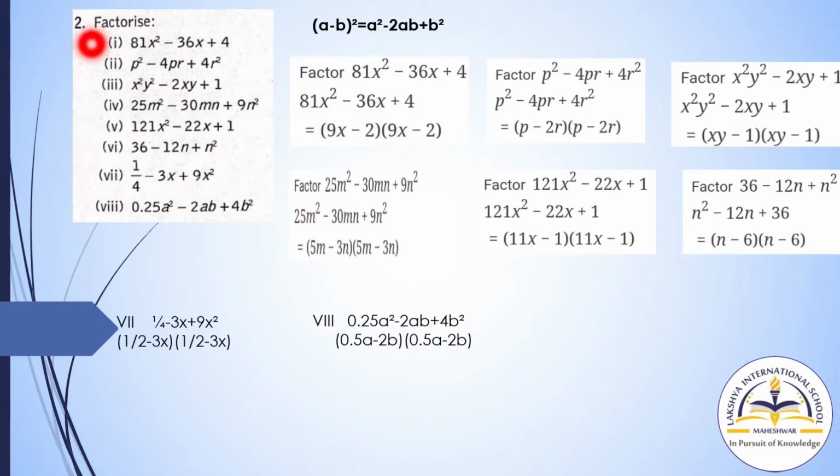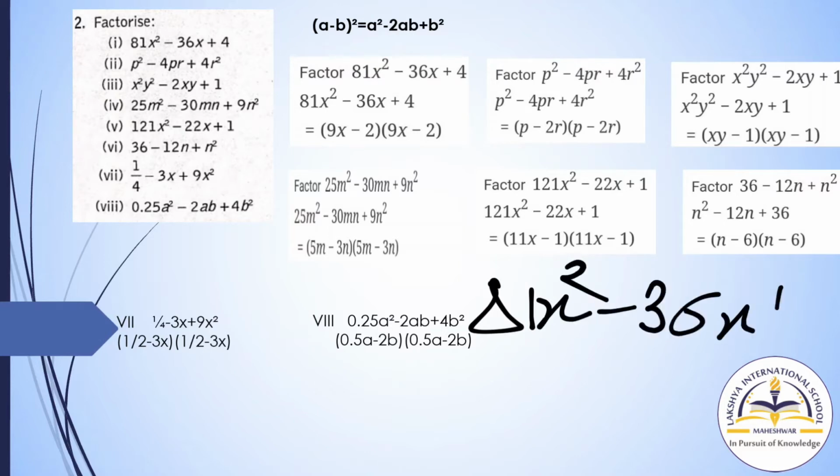Now question number 2, factorize. Again we have to factorize them. Now in this question we will use our second identity, that is (a minus b) whole square equals a square minus 2ab plus b square. Now we will see question number 1, 81x square minus 36x plus 4.